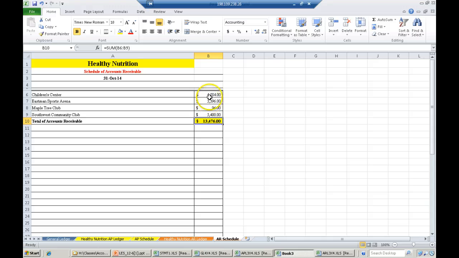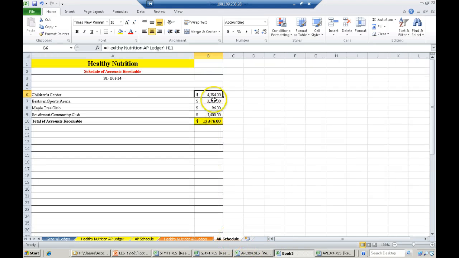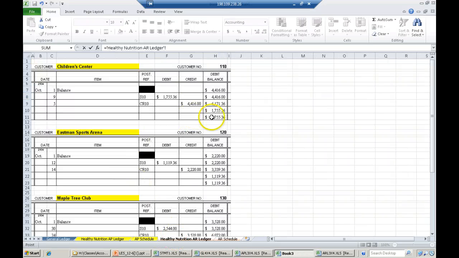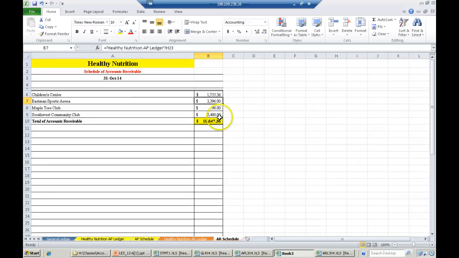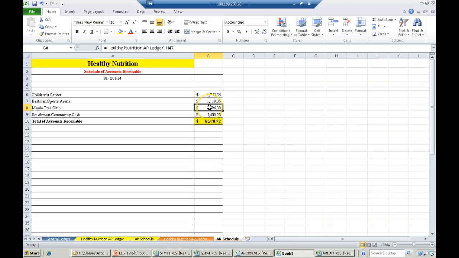Now the formula still remains the same, so now we just need to take what we have in our ledgers. So for example, Children's Center is this. So again, what we can do is go to our schedule here, equals Children's Center. Click that. We can go to this amount, hit equals Eastman Sports Arena. Click that button, hit enter.